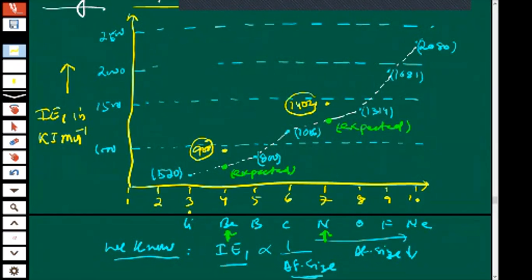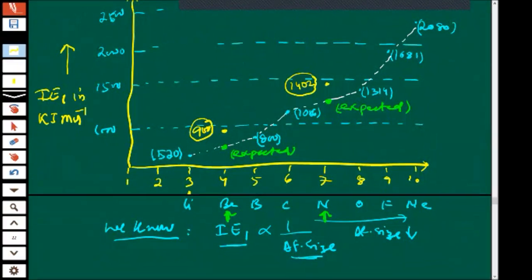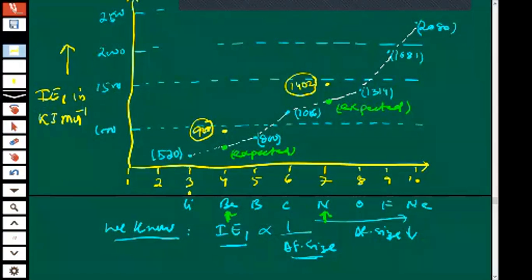So they are making the graph a little bit disturbed. So see, instead of having a normal trend in the second period, we have a graph like this.